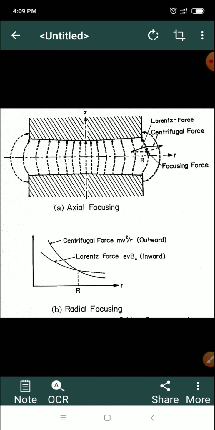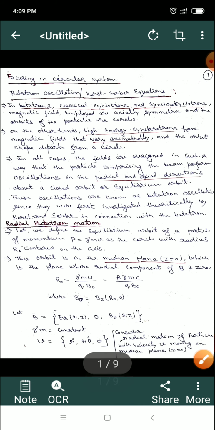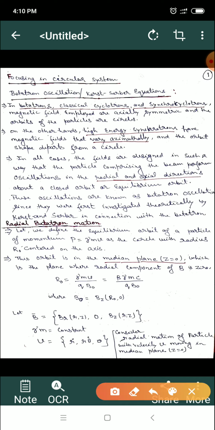Then there is the Lorentz force because of the presence of the magnetic field, that is q v cross B, which is q v Bz. That is in the inward direction. Both these inward and outward forces make the charged particle move in a circular orbit. So here we can write r0 is equal to gamma mv upon q B0.